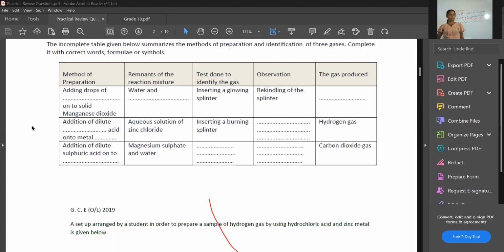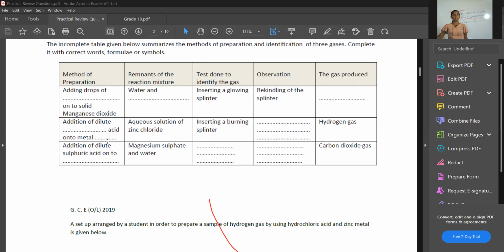Then look at the second row. Adding of dilute blank acid onto the metal, and the metal is not given. The remnant given is an aqueous solution of zinc chloride. If zinc chloride remains after the reaction, the metal should be zinc. At the beginning of the reaction, zinc should be there to form zinc chloride after the reaction.